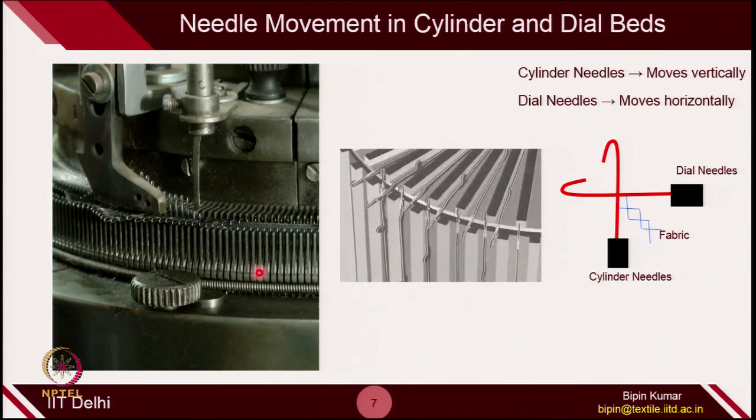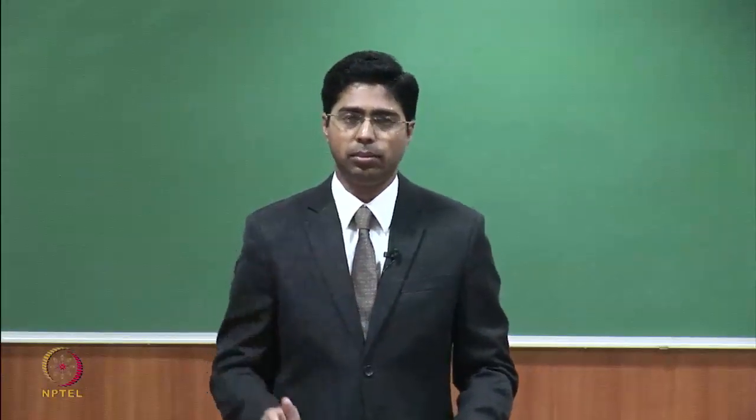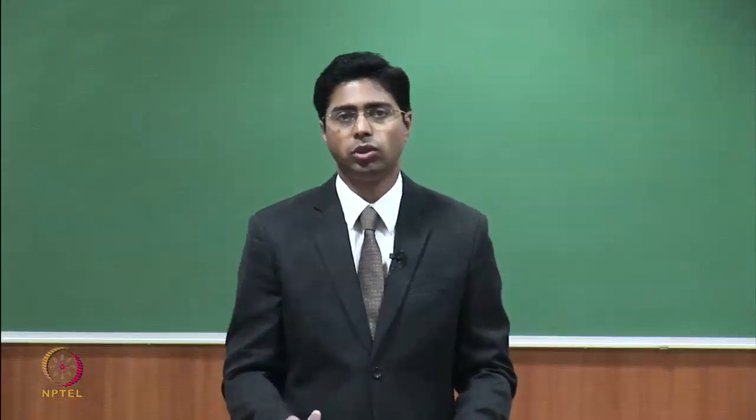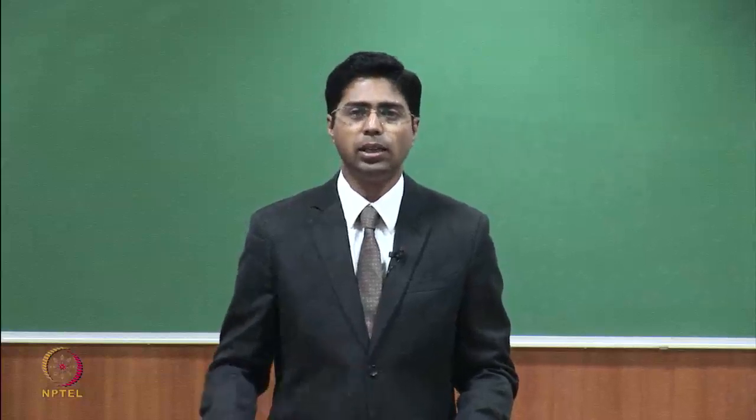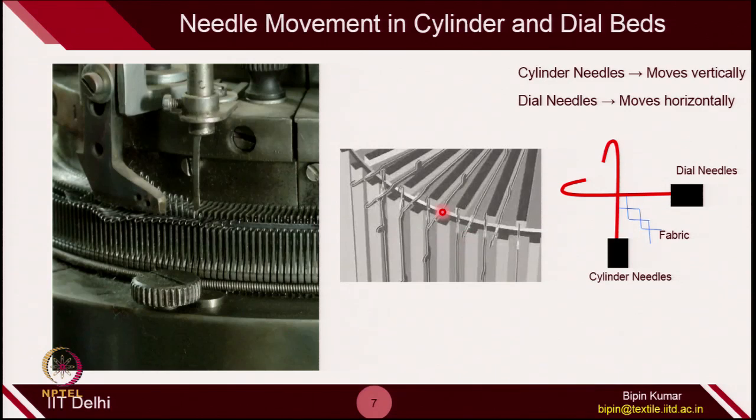The key takeaway here is that in the circular bed machines in week 2, there was an additional element, the sinker, but here you can't see any sinker element in fabric formation. If you remember, the sinker was responsible for fabric hold up, fabric pulling, or providing support for loop formation by the needles.